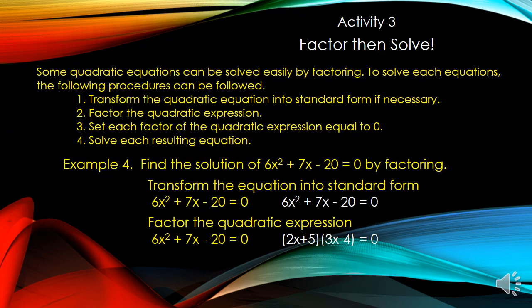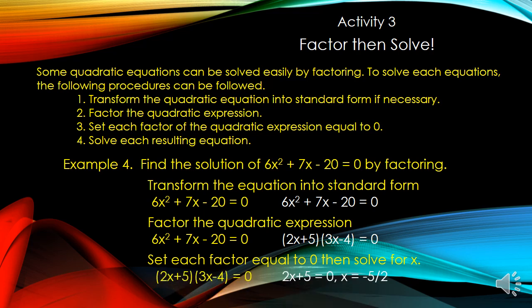Going now, since we know already the factors of 6x squared plus 7x minus 20, we can now proceed to steps number 3 and 4. Set its factors equal to 0, then solve for x. For the first factor, 2x plus 5, we have 2x plus 5 equals 0. Solving, x is equal to negative 5 over 2.